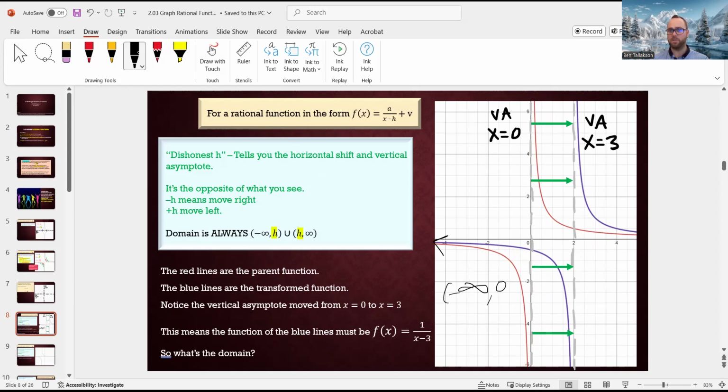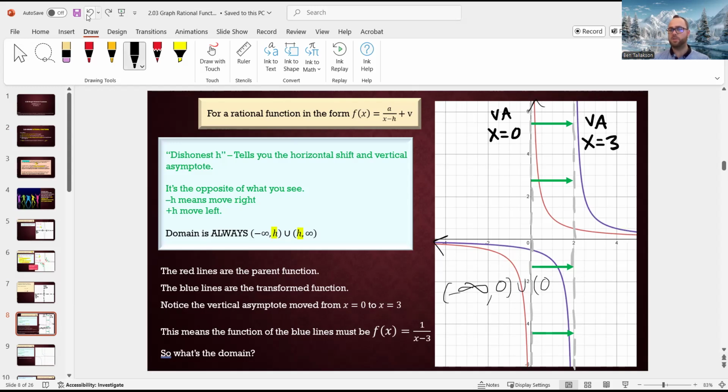This is our parent function, the red lines I'm looking at first. And that's going to be united with, well, we see over here, this is going to pick up where we left off, just on the other side of the y-axis. So it will continue after 0 on forever in this positive direction.